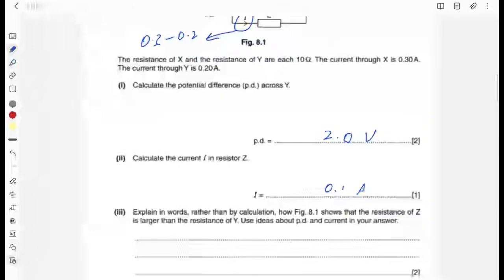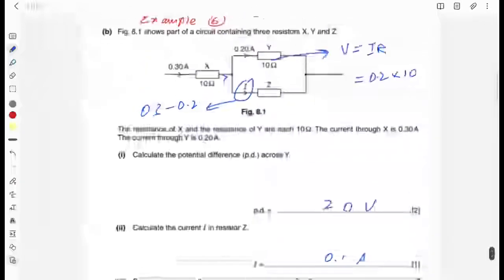Explain in words rather than by calculation how figure 8.1 shows that the resistance of Z is larger than the resistance of Y. Use the idea about potential difference and current in your answer.